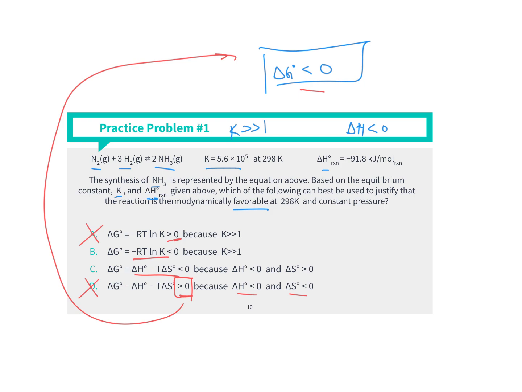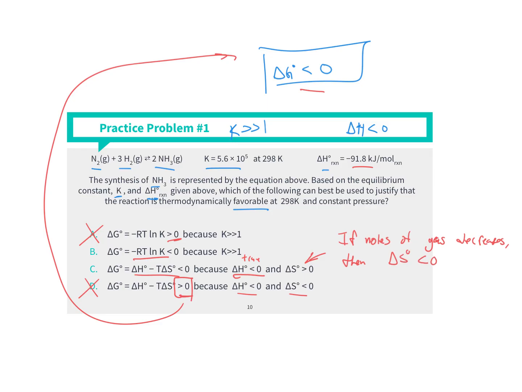But if we look here at this reasoning, this here is true, right? Because we're told that delta H is less than 0. But let's look at this. We're not given delta S, but if you remember, if moles of gas decreases, then delta S is less than 0.